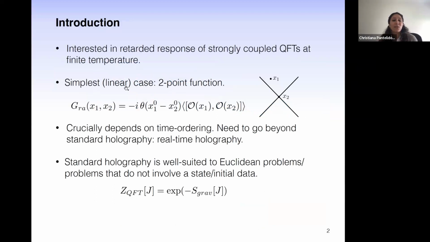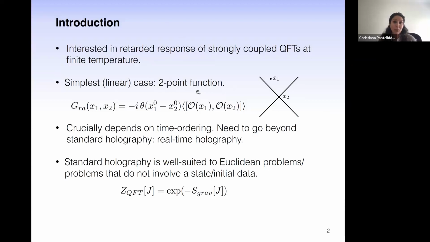Okay. So in this talk, I'll be interested in the retarded response of strongly coupled holographic quantum field theories, and I'll be thinking in terms of finite temperature. Now, the most obvious and in fact the simplest observable within this class of observables is nothing but the retarded two-point function that we all know and love.